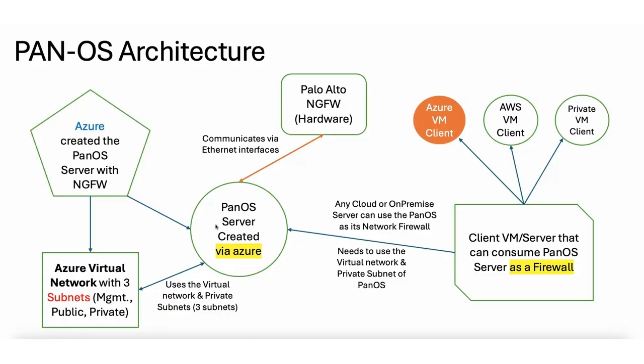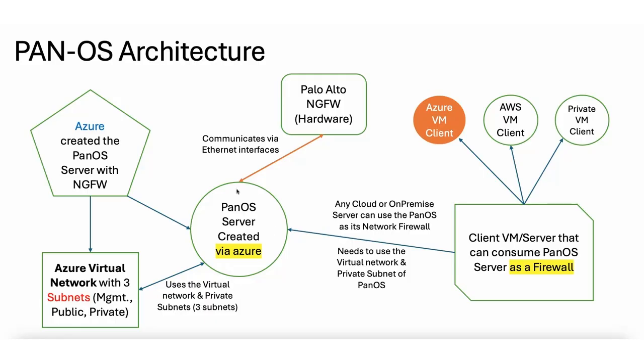Now, this Pan OS server is using a very critical network security configuration over here. It uses a virtual network that creates three subnets: the management subnet that Pan OS server needs, the public, which is for untrust, and then the private, which is for trust. So it tells us Pan OS uses this virtual network and the subnets to operate.